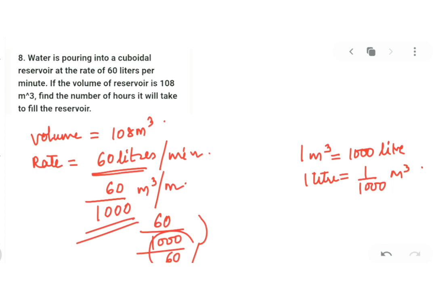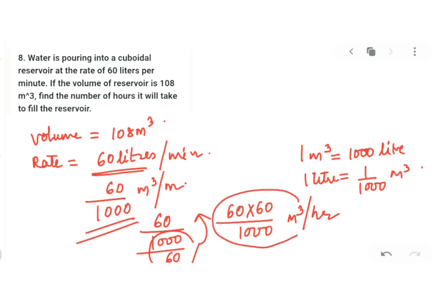When this fraction is taken into multiplication, it will be 60 into 60 upon 1000 meter cube per hour. Got my point clear? Okay. So you got that this many meter cube can be filled in 1 hour. So if I get the exact value, it will be 3.6 meter cube per hour.